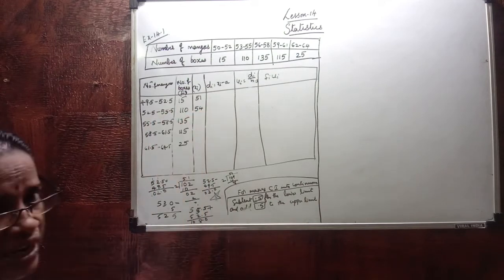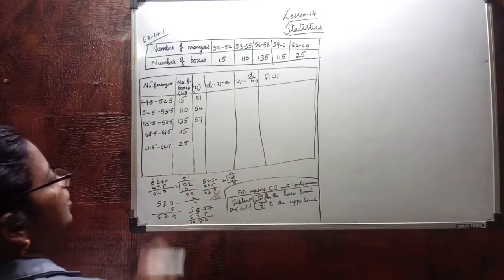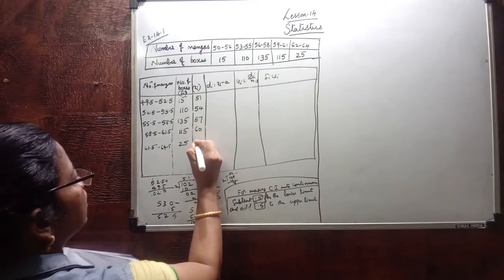This 3 I understand. Next one it will be 54, then 57, then 60, and then 63.